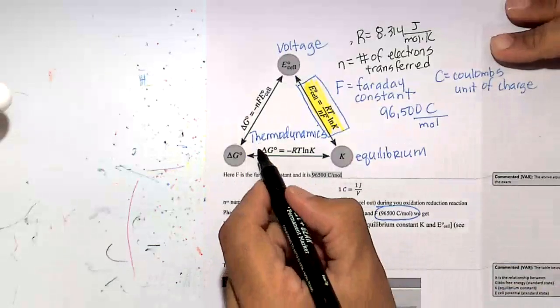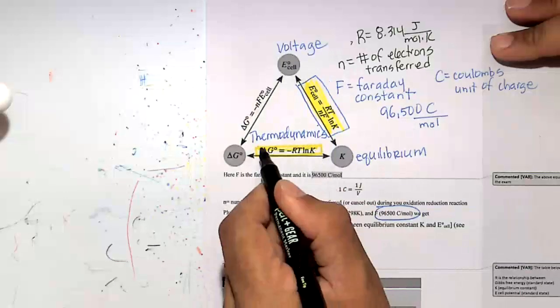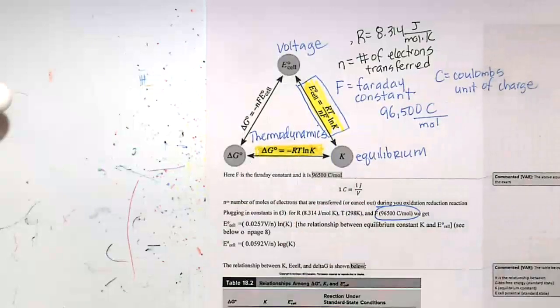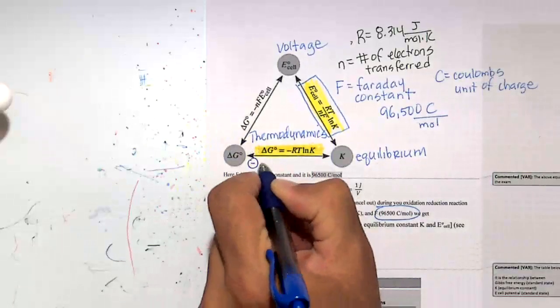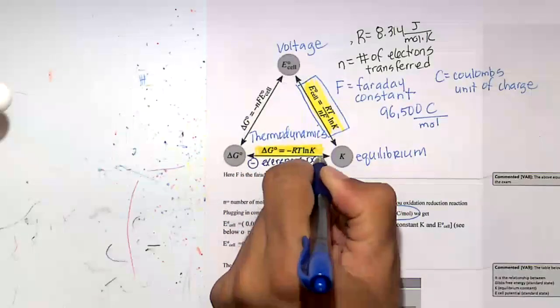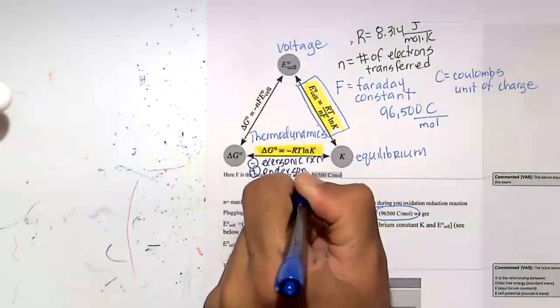That's one equation. Here is another equation. Delta G is equal to minus RT natural log of K. Remember this is the Gibbs free energy. If it's negative, we call that an exergonic reaction. If it's positive, we have an endergonic reaction.